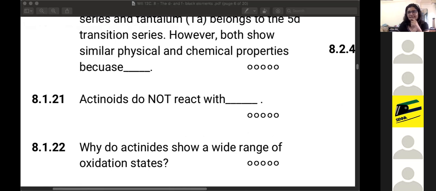Jasleen, if your mic is working, you can answer here. So what do actinides not react with? Like, what's the reactivity of actinides?